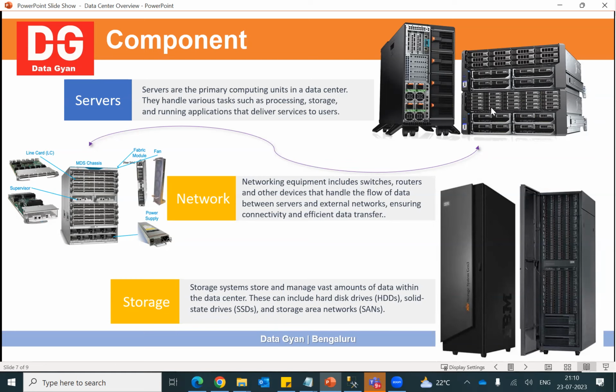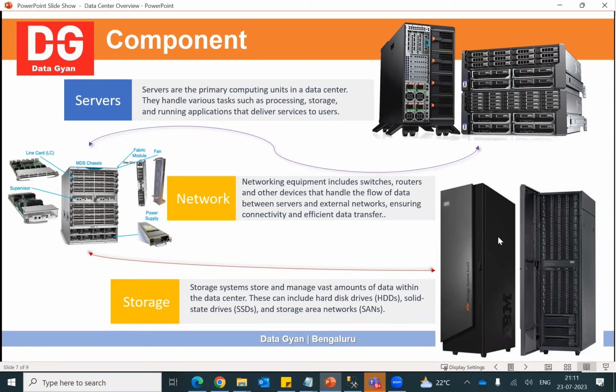All this will be hosted on the server. And then the real data actually will be stored in the storage system only, because the actual space is given from the storage box. So when you are saving a photo or uploading a YouTube video, it will process and then it will be stored in this kind of storage box.